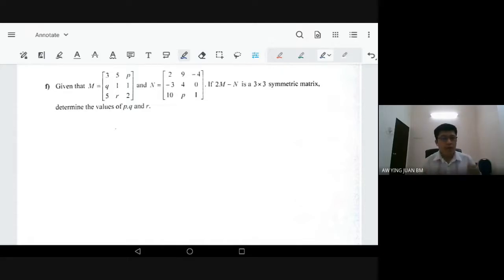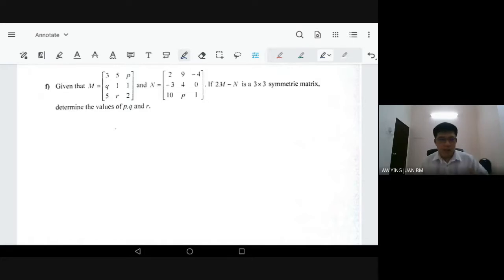So where we have 2M minus the N, which is the matrices, for 3 by 3 matrix. Then the 2M minus N is equals to a symmetric matrix. So here we have the additional information, which is a type of matrices, symmetric matrix. So in here, determine the value P, Q, and R.